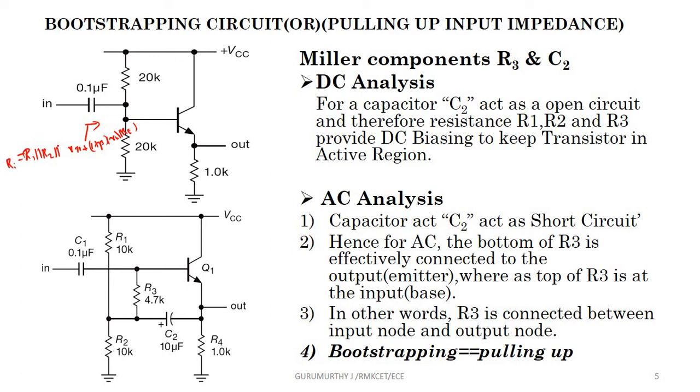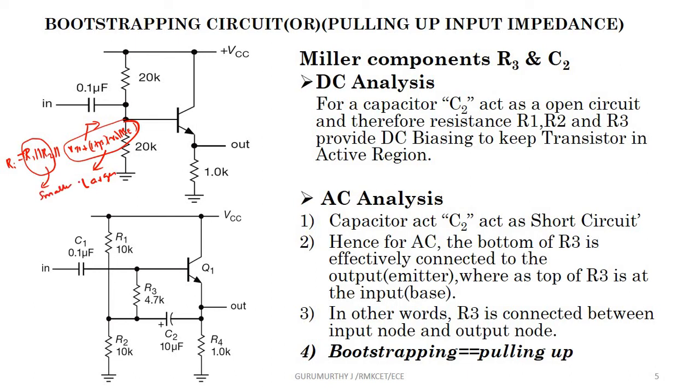Which is going to dominate? R1 parallel R2 is going to be smaller, and this quantity, 1 plus beta into R0 parallel RE, is going to be larger compared to this.